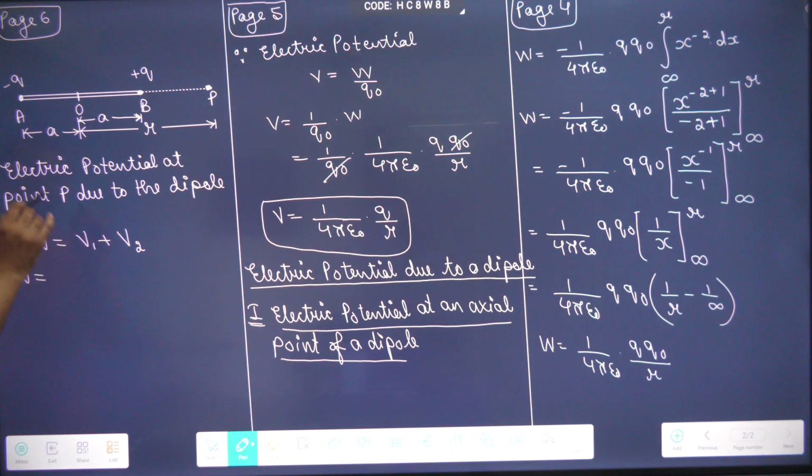V1 means electric potential due to this minus q charge.